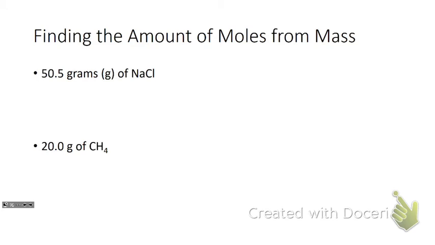So little m is equal to 50.5 grams. What did we calculate the molar mass of sodium chloride to be? 54.88 grams per mole. No, 58.44, sorry.